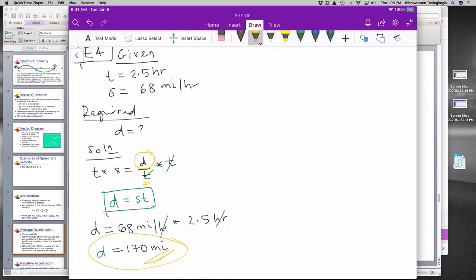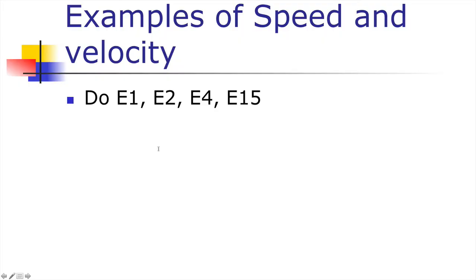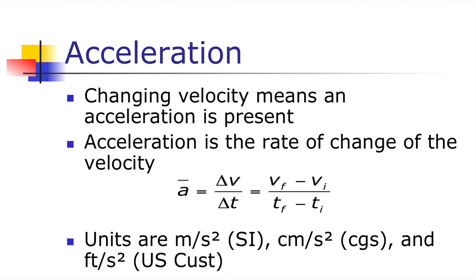Now E15. I think E15 is something we probably need to solve after learning another physical quantity known as acceleration. So, acceleration. What is acceleration?